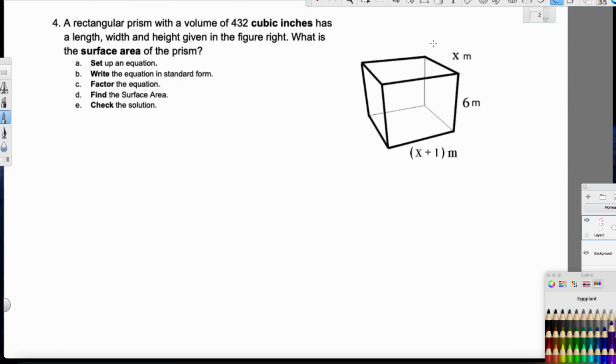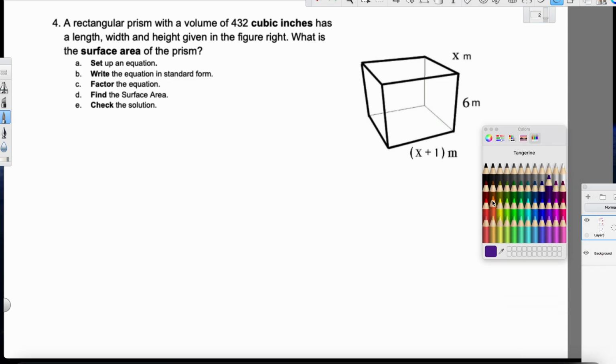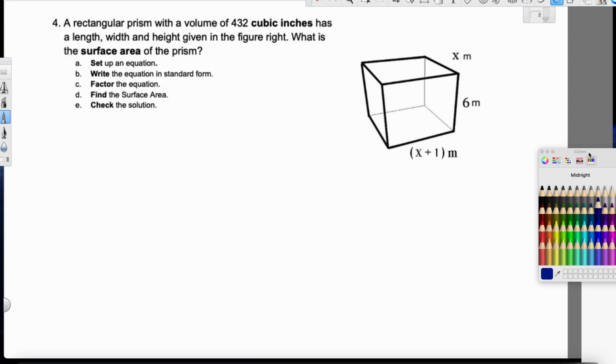This last one here, we will. A rectangular prism with a volume of 432 cubic inches. So we have a volume. Let's see, what's a good color? Let's go back to midnight. So our volume is 432 cubic inches. It has a length, width, and height given to the right.